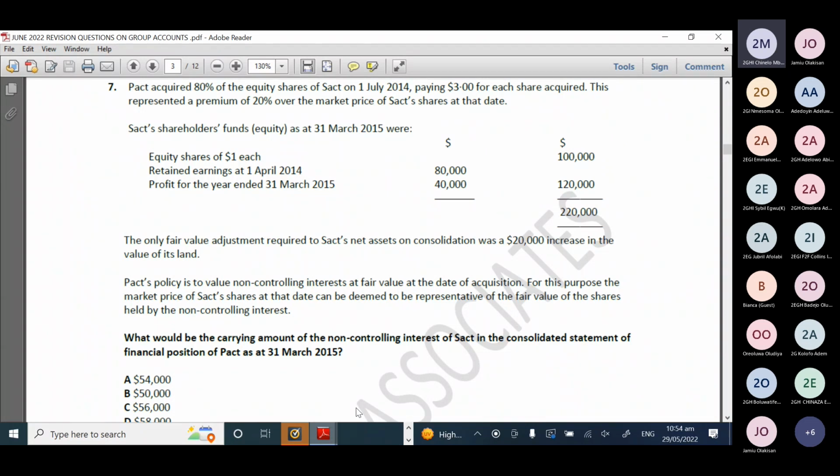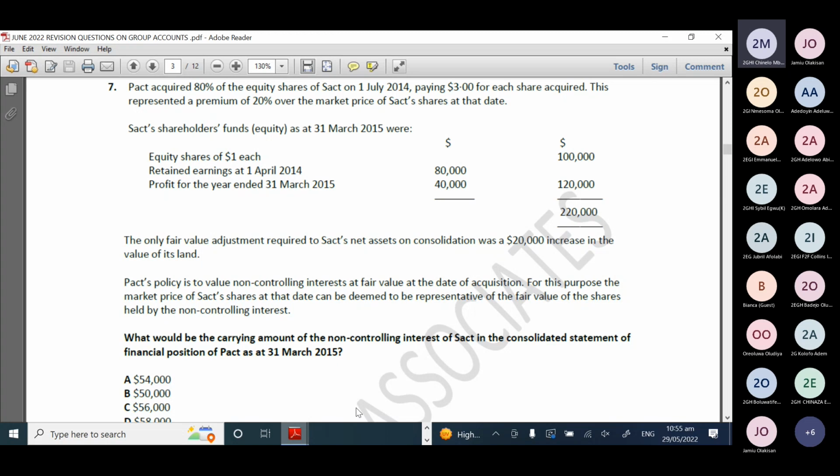The only fair value adjustment required to SACT's net assets on consolidation was a $20,000 increase in the value of its land. Pact's policy is to value non-controlling interest at fair value at the acquisition date. For this purpose, the market price of SACT's share at that date can be deemed to be representative of the fair value of the shares held by the non-controlling interest.